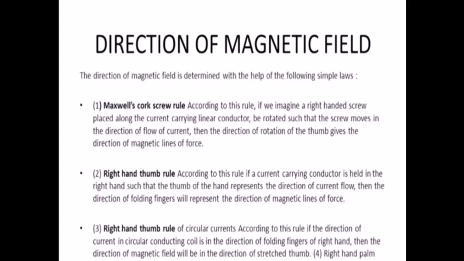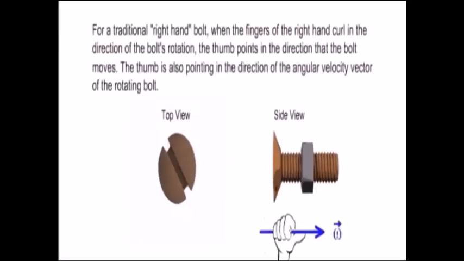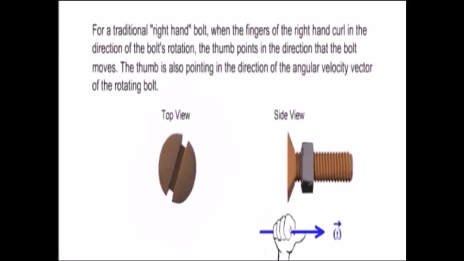If the current carrying wire is given to you in the straight form, or if it is given in the circular shape, we can use the right hand thumb rule for both. And the last one is the right hand palm rule. So let us spend some time on each rule. Let us start with Maxwell's screw rule.